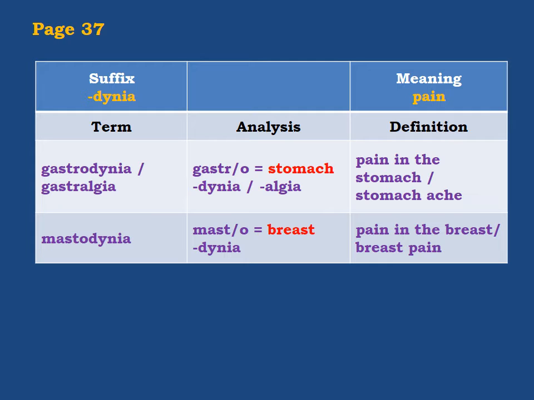The next term is mastodynia. Mast means breast. The meaning, pain in the breast, or we can say breast pain. We can use different language if it is acceptable, as long as it is acceptable in language, we can use either this form or that form.